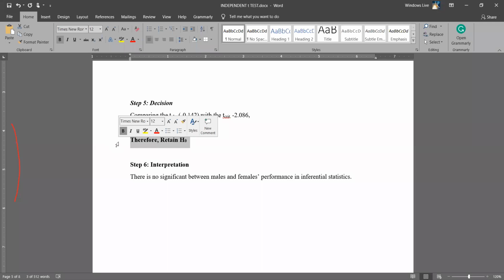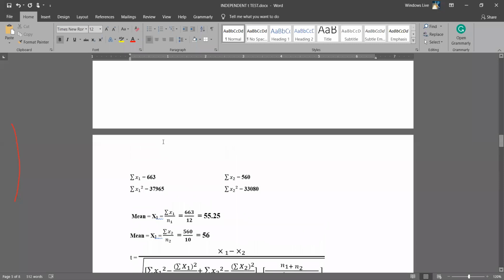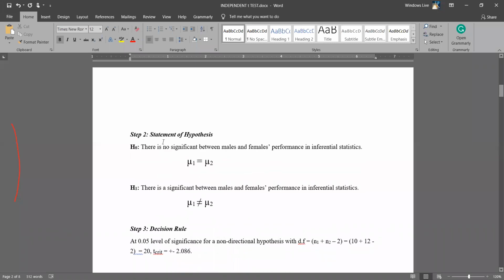So we are supposed to interpret what HO is. Since you are retaining HO, you go back to step 2, statement of hypothesis. What did we say for HO? That will be the statement you put under interpretation, because we are retaining HO.